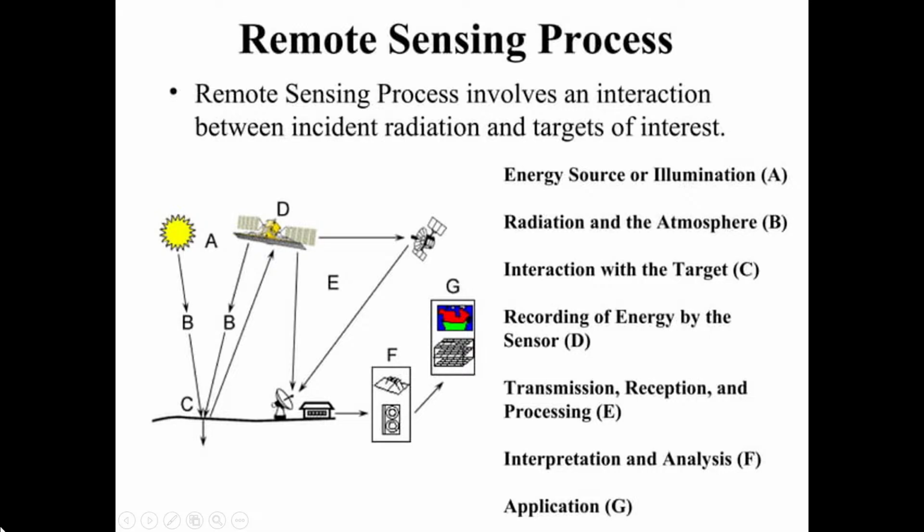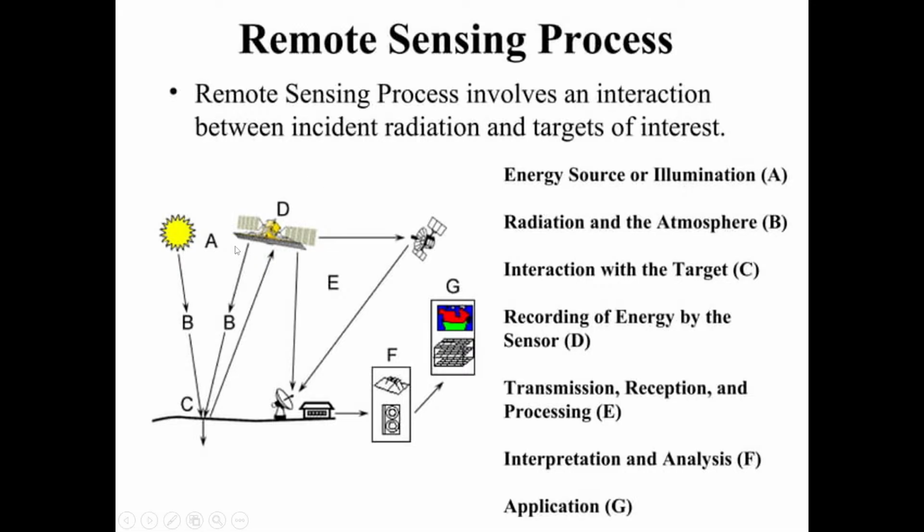From the main source, the energy is reflected or emitted. Then D is the recording of the energy by the sensor, after reflection. So this is the sensor.